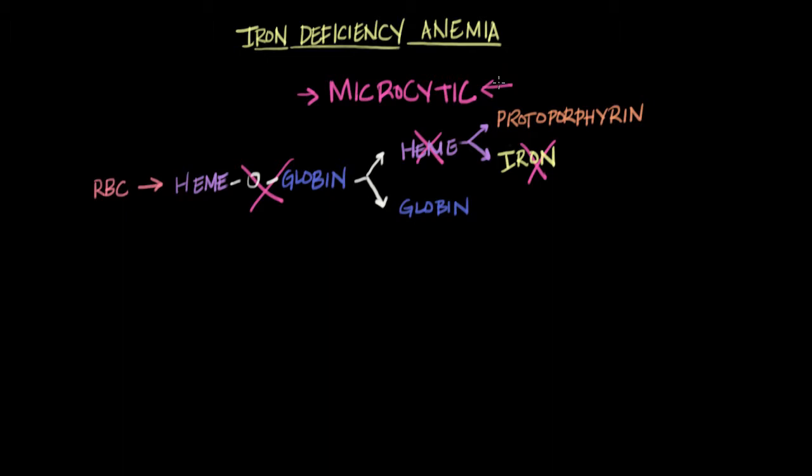So why does that happen? Is that just something that happens by accident? Well, no, it's something that the body does intentionally. So in any condition where you have a problem with making hemoglobin, such as with iron deficiency anemia, you end up with these red blood cells that have fewer hemoglobin molecules than they should, right? So you see something like this, where you have this big old cell with very little filling on the inside.